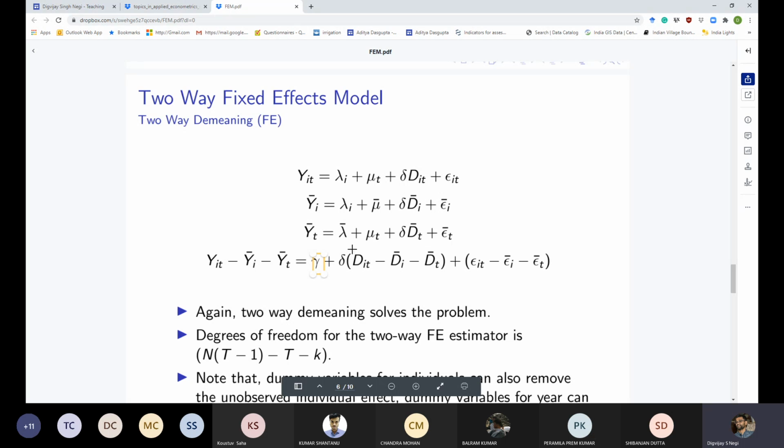And then you will have delta and d_it minus d_i bar minus d_t bar. So again, as you see, we can do two-way demeaning, and we can remove these two fixed effects, the lambda i's and the mu t's, same as before, right?